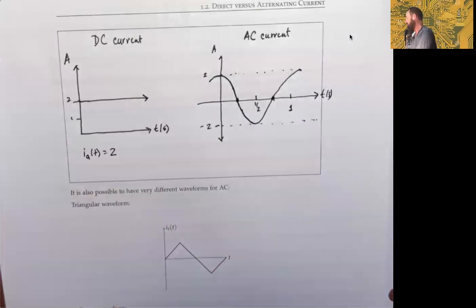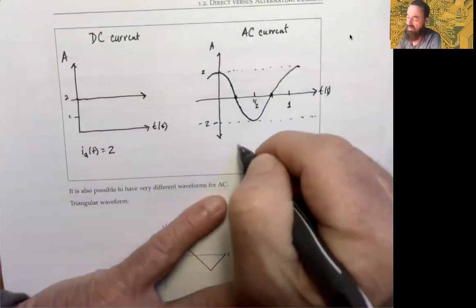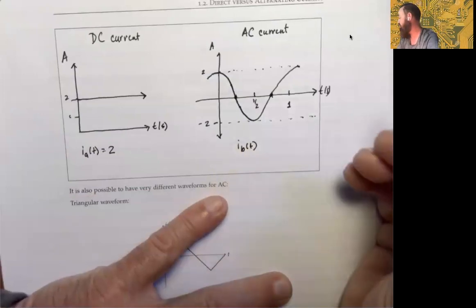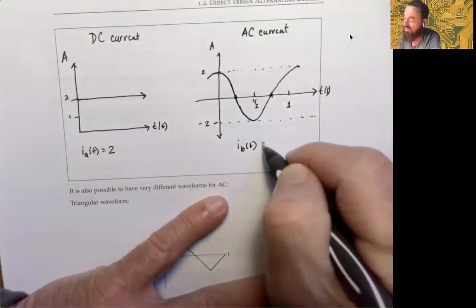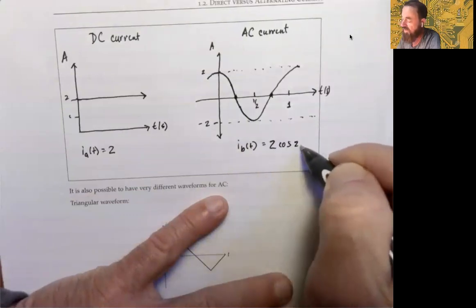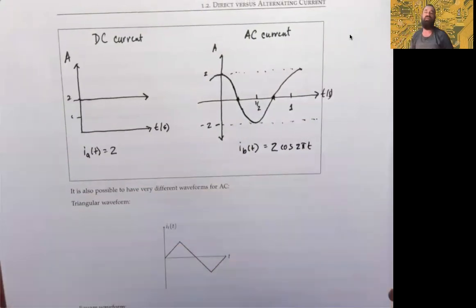We will look at cases down the road of situations like that. And if you wanted an illustration of what the equation for such a current might look like, this is an illustration of something of 2 times cosine of 2 pi t. So that's an illustration of an alternating current.